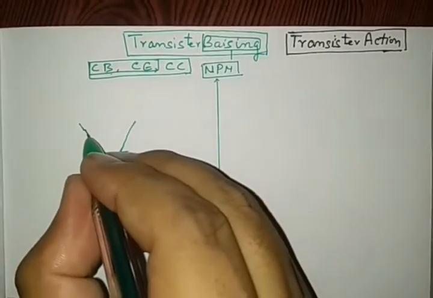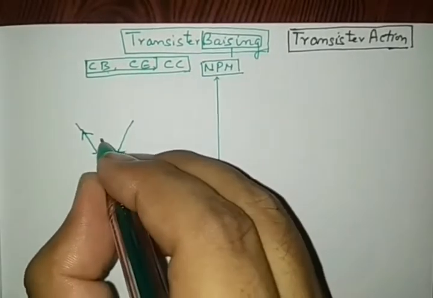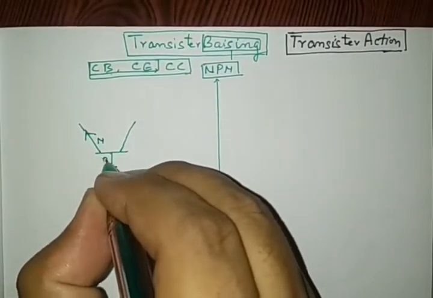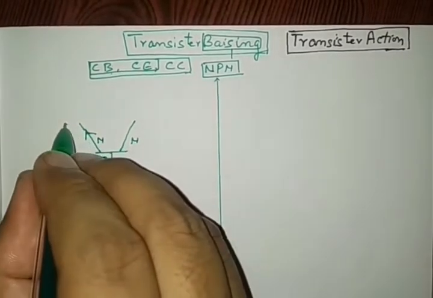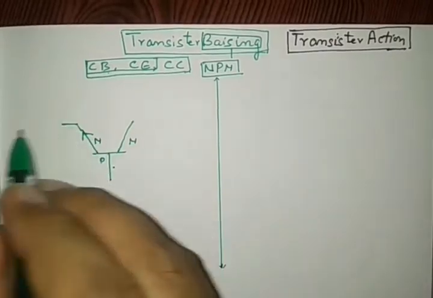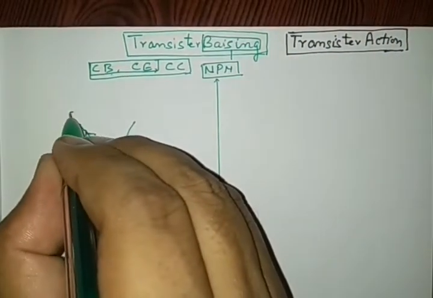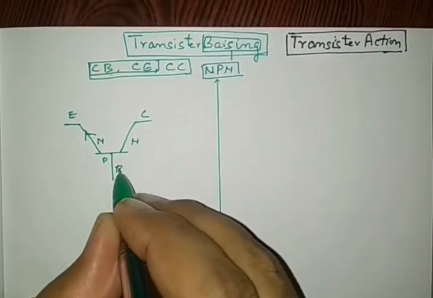In these three terminals, this is N type, so N, P, N type semiconductor. In the previous lecture I told you this is the input. This is the emitter terminal, the collector, and this is the base.